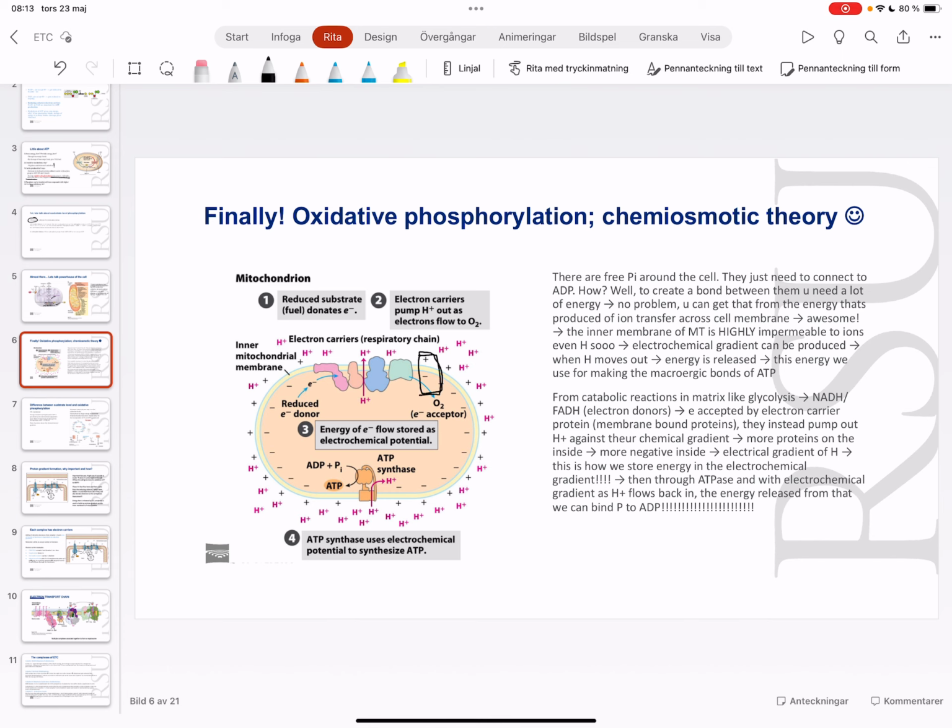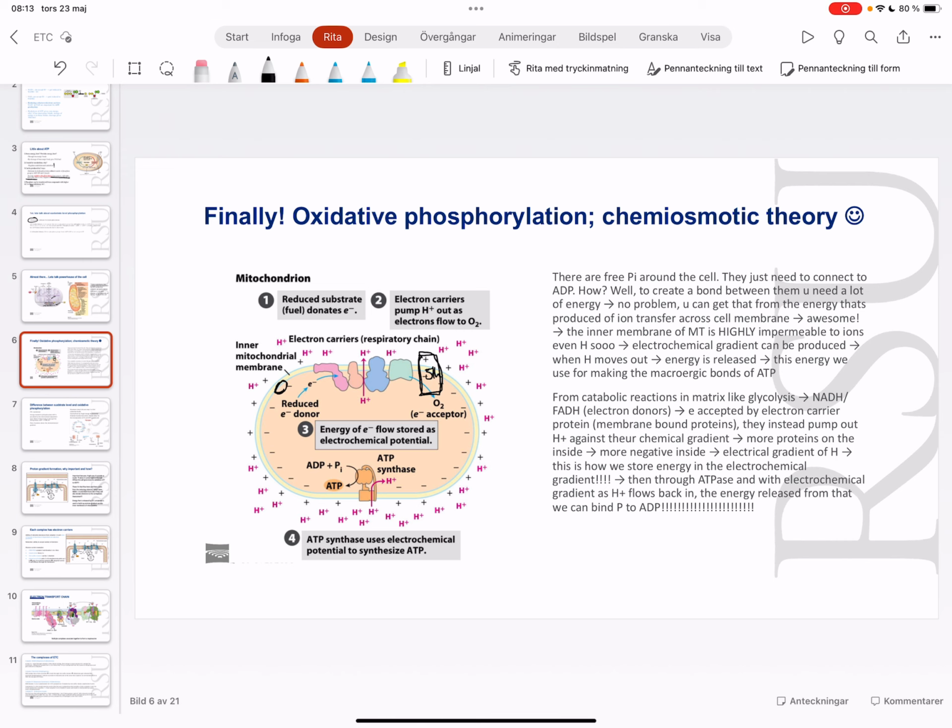Let's draw here the 5th complex, which is the ATPase. Because I told you that this inner membrane is highly impermeable, it will not let the hydrogens flow in or flow out. Therefore, the only way out is through these complexes, and the only way in is through the 5th complex. So this is really good, because when these hydrogens flow back in through the 5th complex, this will create energy.